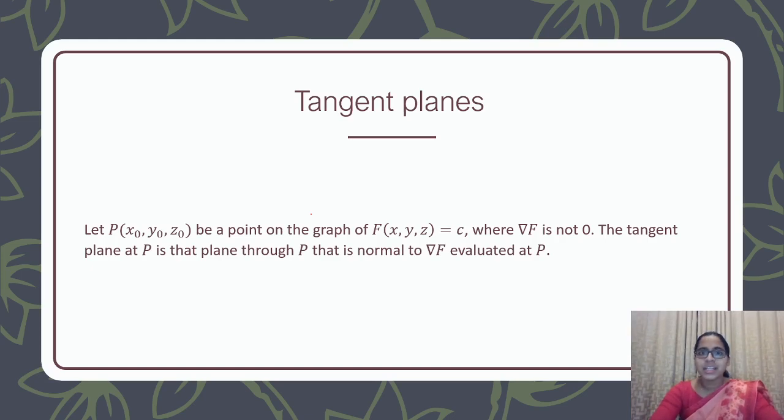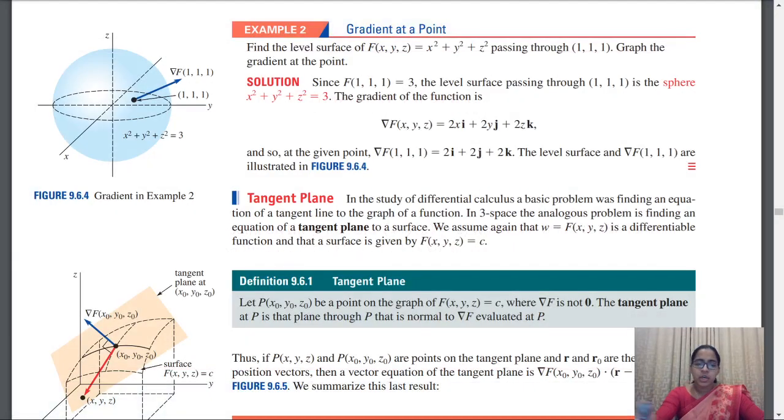That is, grad f was perpendicular to the level surface, and now we are stating that the tangent plane is the plane which passes through the given point, and it is normal to the grad f which is evaluated at the given point.